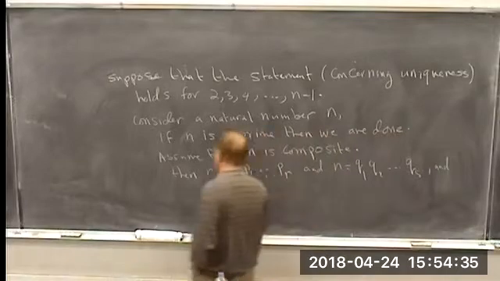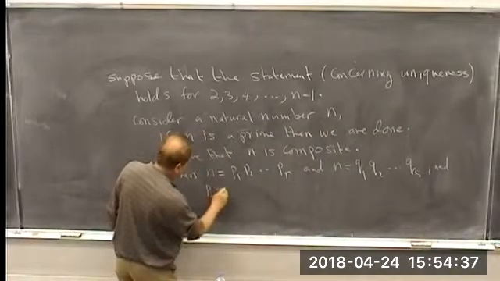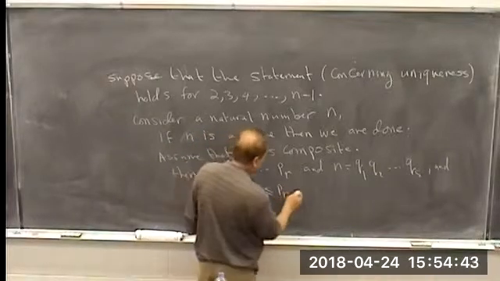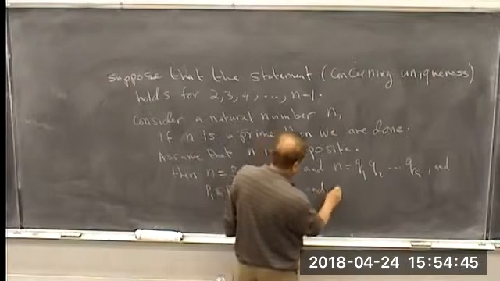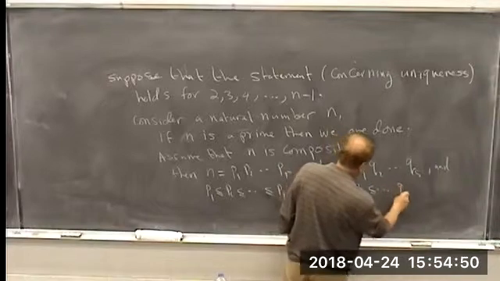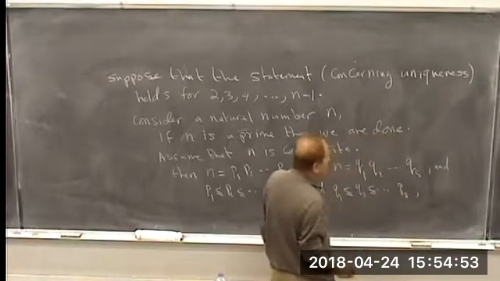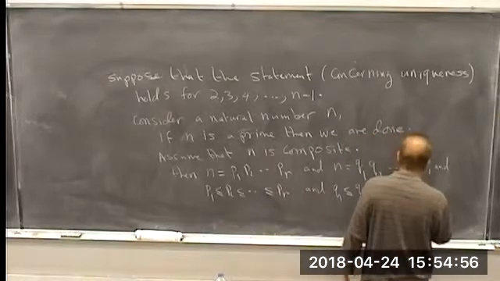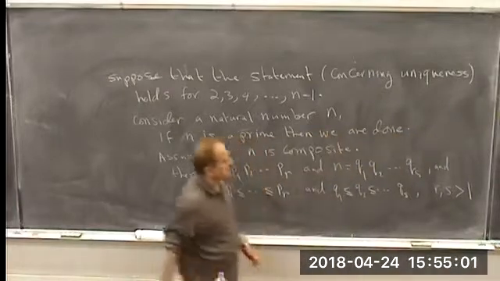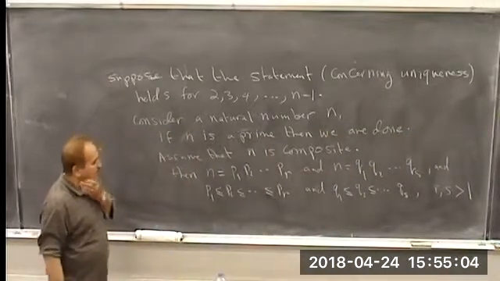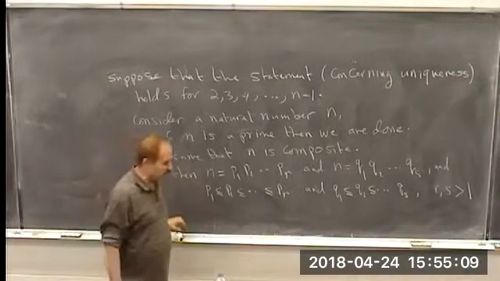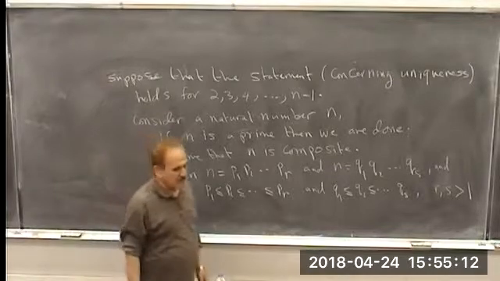We are arranging these so that B1 is less than or equal to B2, and so on. But this time the r and the s are going to be bigger than one, so we're not assuming that these are primes. There must be at least two on each side, but we will show that they must be the same.